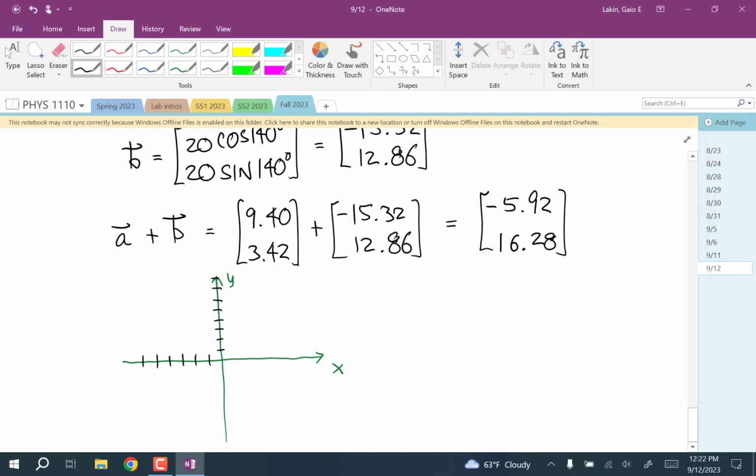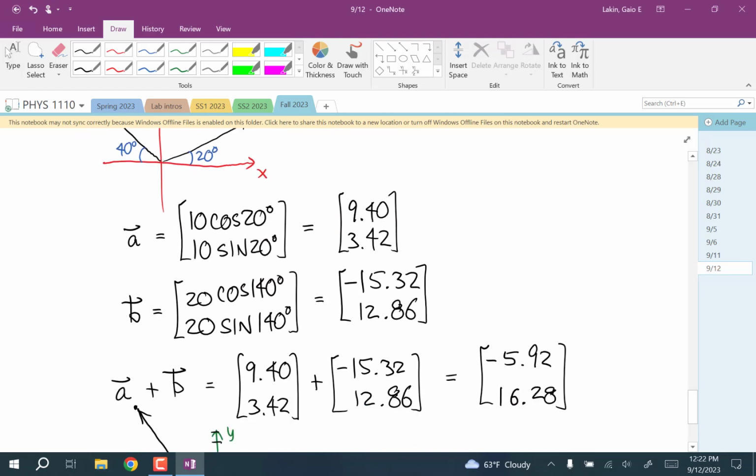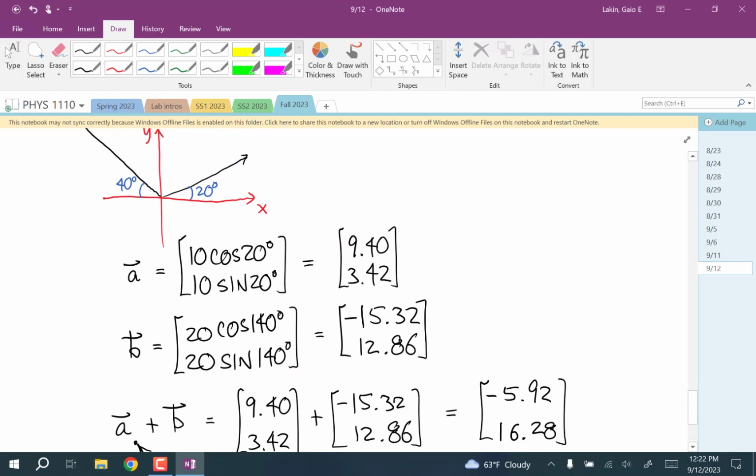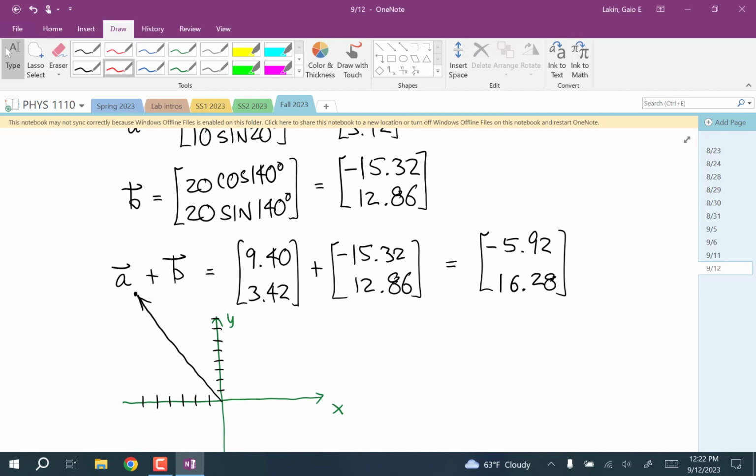So this is going to give you a vector like this. There are two original vectors, and this is how vector addition works. Okay?